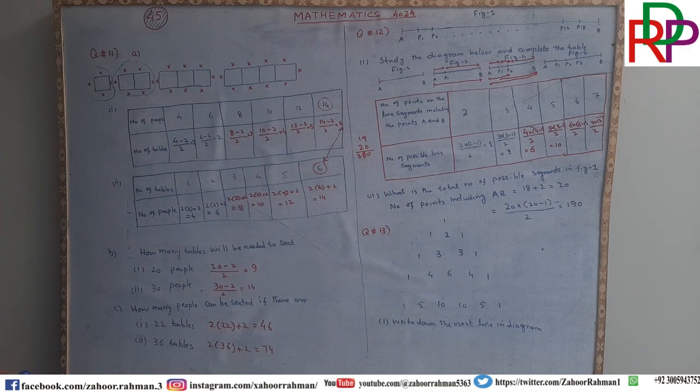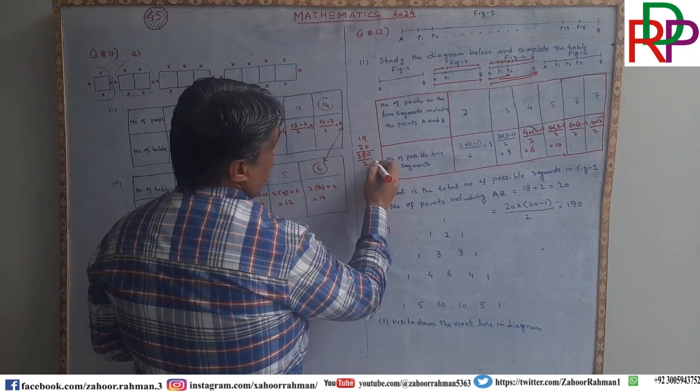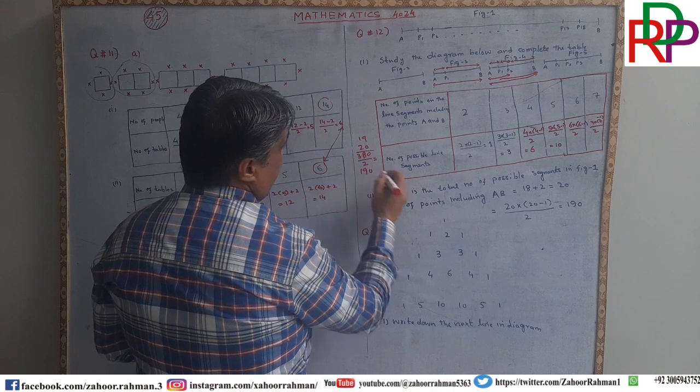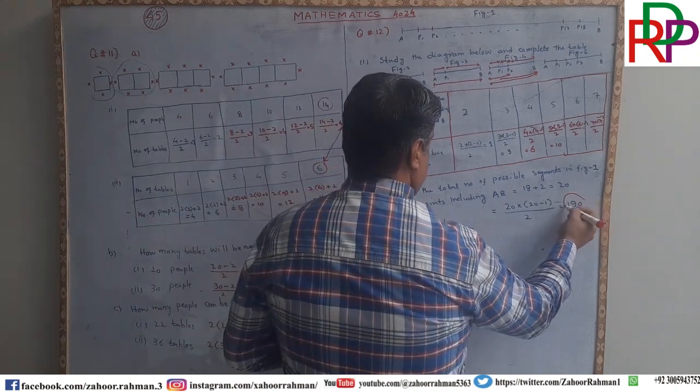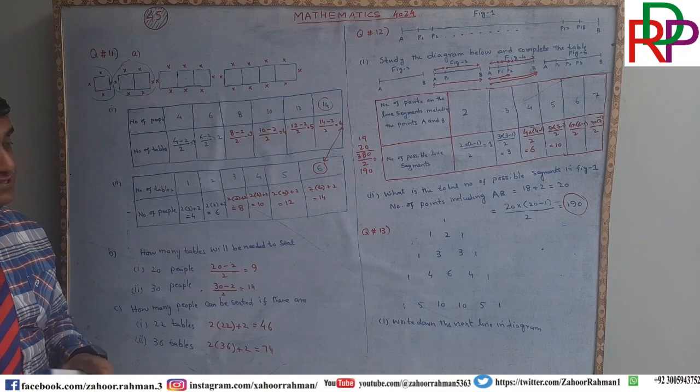It means that 380 when divided by 2 will give you 190, which is the absolutely correct answer.